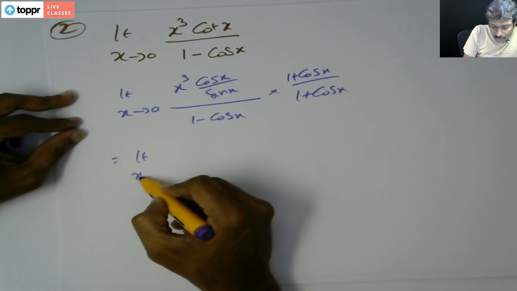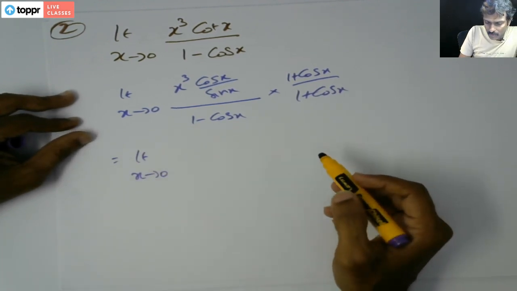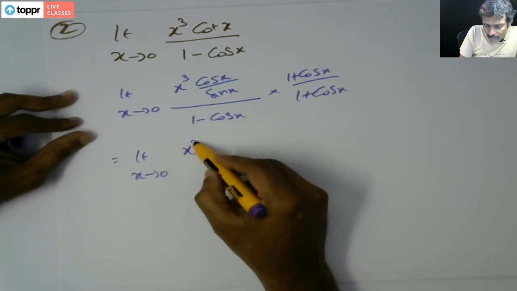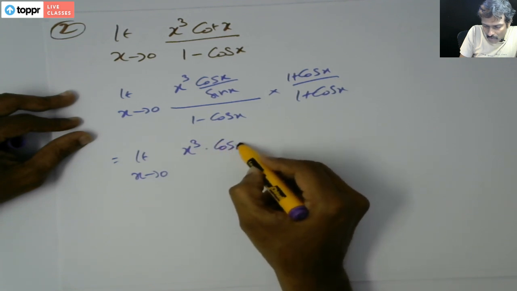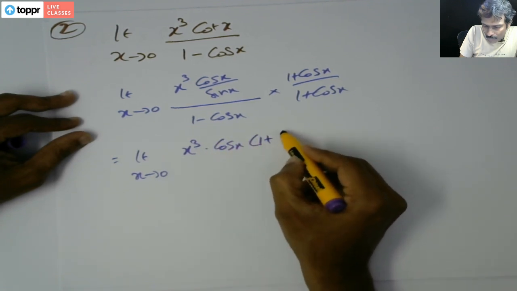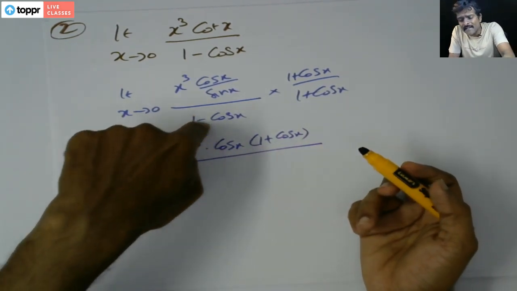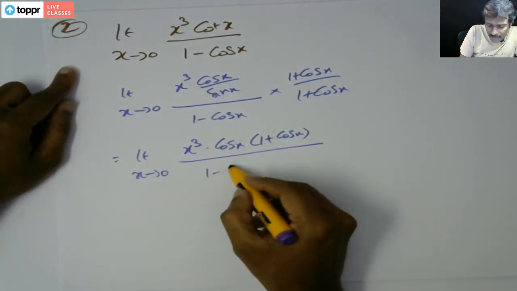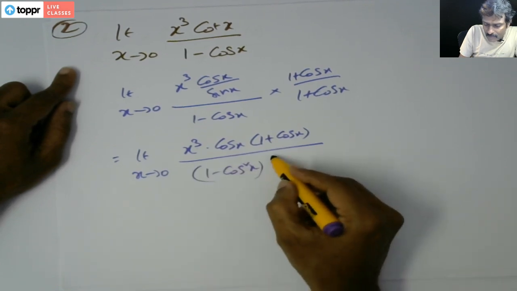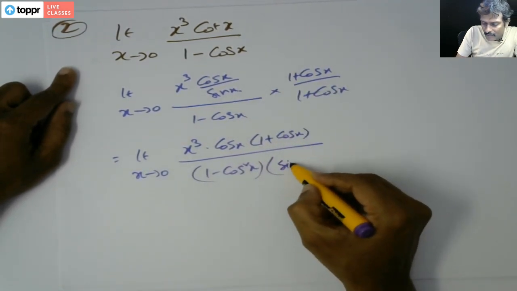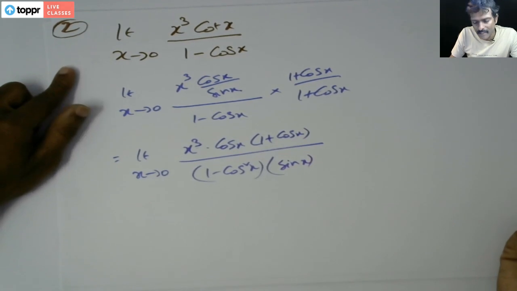And this is equal to limit x tends to 0 of x cube times cos x times 1 plus cos x by, now 1 minus cos times 1 plus cos is 1 minus cos square x, times this sin x, right?